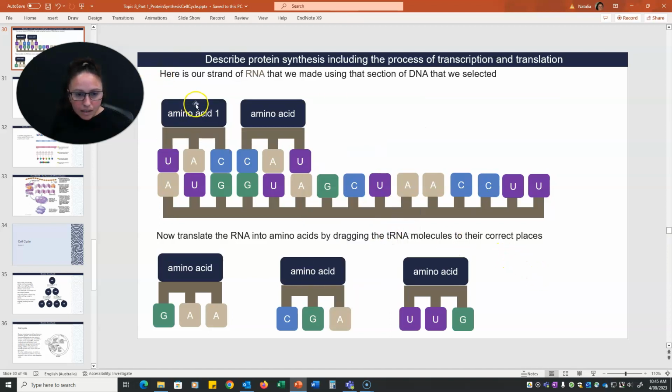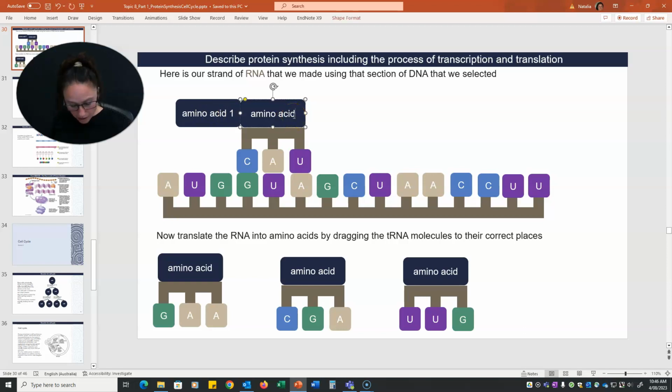In the ribosome, this amino acid locks into this amino acid, and then this and this and this and this floats away. So now we have amino acid 1 joined with amino acid 2.